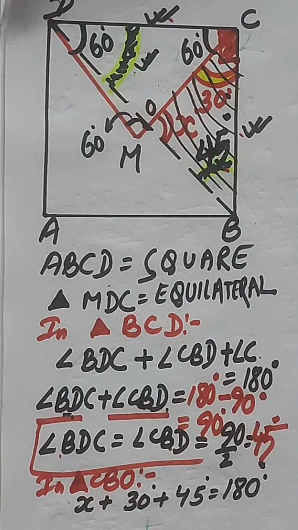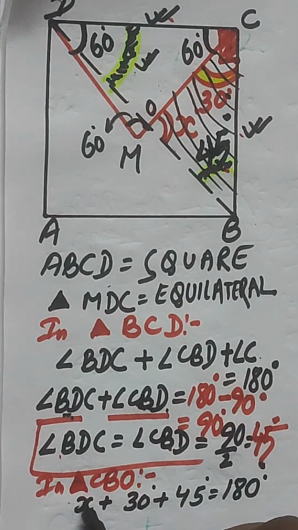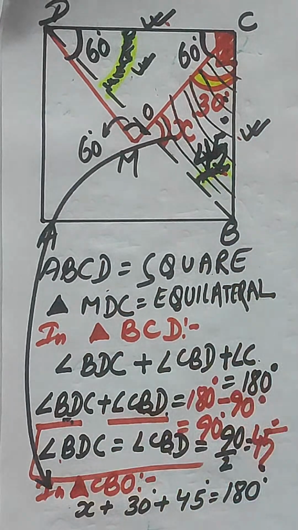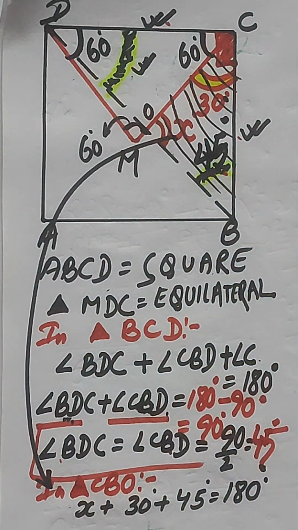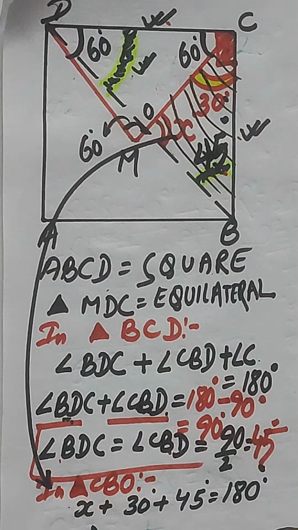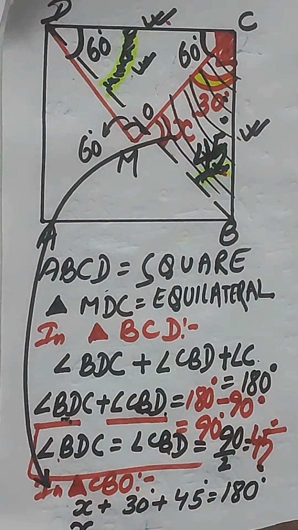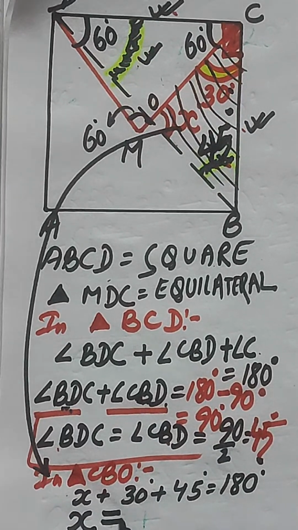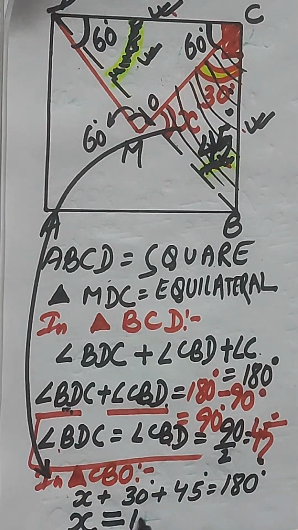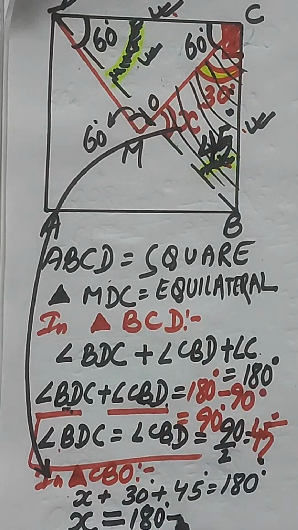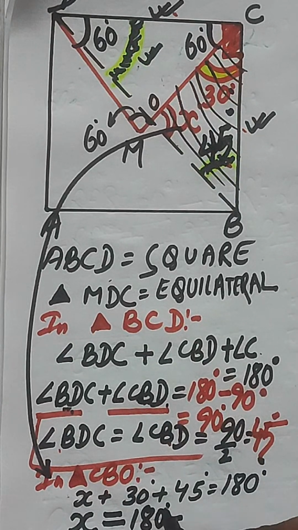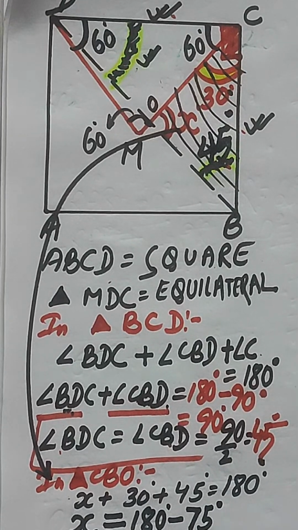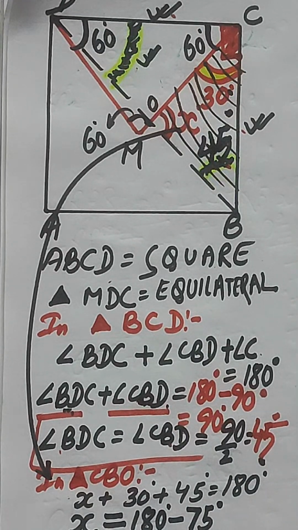I am considering CBO as this triangle. So here the value of x can be easily calculated. X can be easily calculated as 180 degree minus 45 minus 30. 45 plus 30 will be 75.